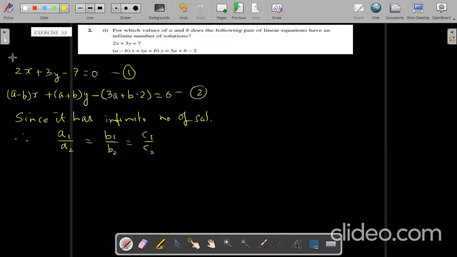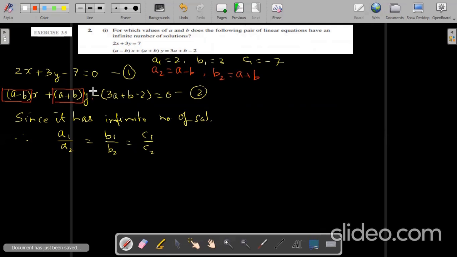And here you should write what a1 and a2 are. a1 is 2, b1 is 3, and c1 is minus 7. a2 is the coefficient of x, that is a minus b. b2 is equal to a plus b, and c2 will be this with a negative sign.